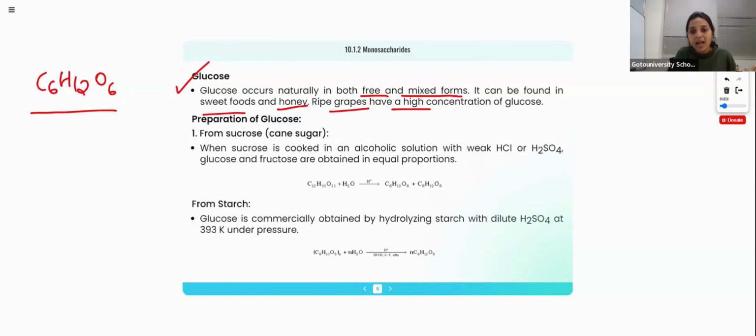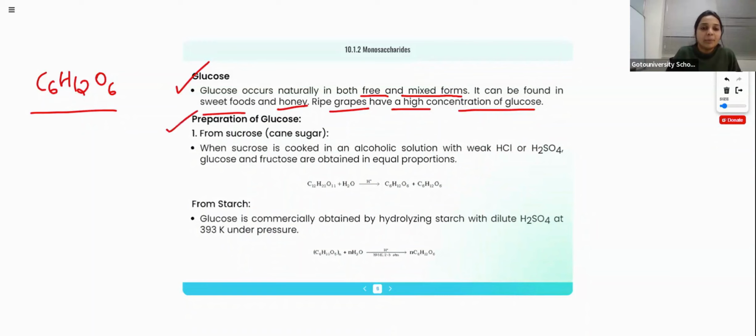Ripe grapes have a high concentration of glucose. So glucose occurs naturally in the free state or in mixed form. Many fruits like ripe grapes, honey, and sweet foods all contain glucose.